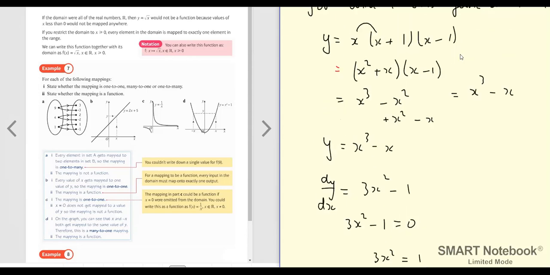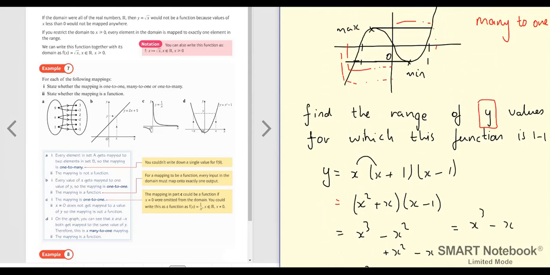So what we have found, if I go back to the diagram again, is that the turning point here was positive root a third, and this here was minus root a third.